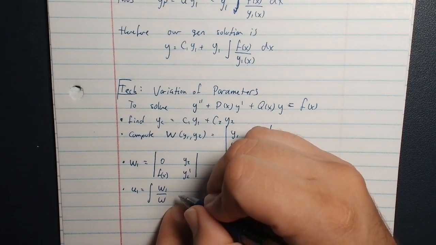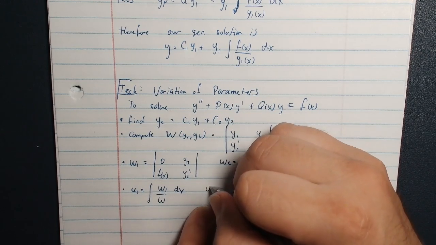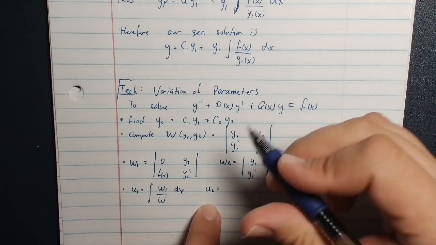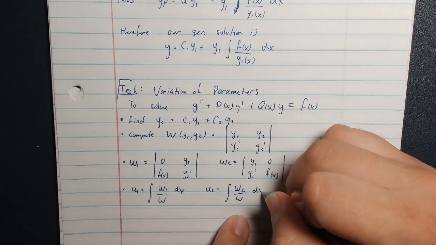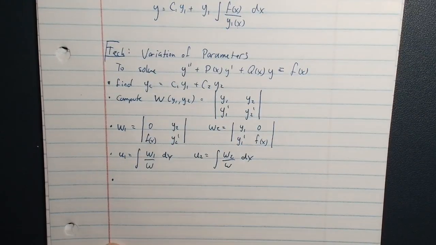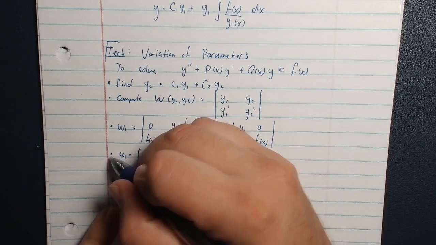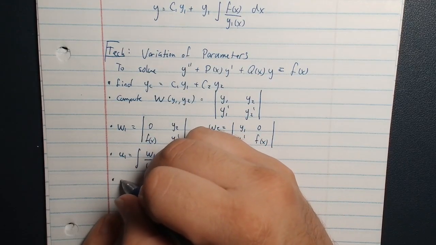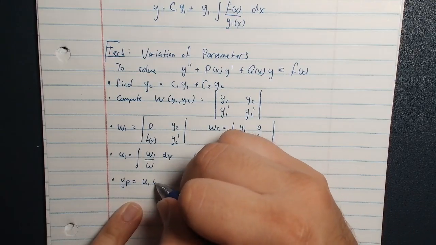You're going to take your u1, that's going to be the integral of w1 over w dx, and your u2, because you're going to need a second one because you have a second order problem, that's going to be, well, you probably guessed, w2 over w dx, like this. And finally, you're going to find your particular solution. Oh, I guess not finally, because we do need to put it together with the original. So next we're going to take our particular solution, and that's going to equal u1 times y1.